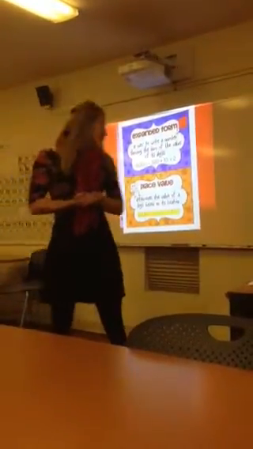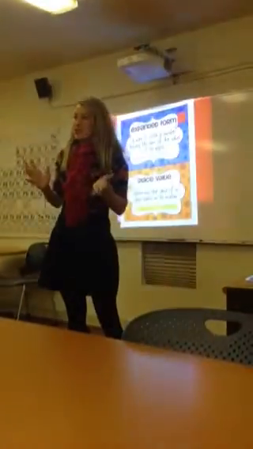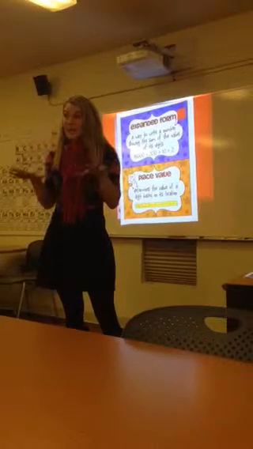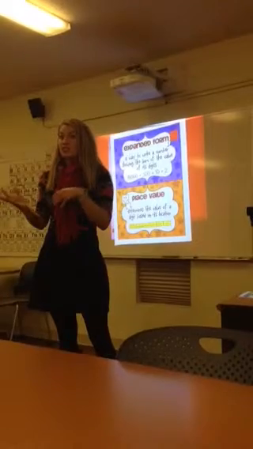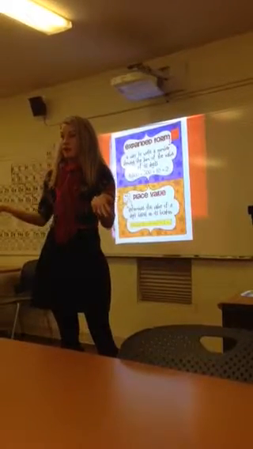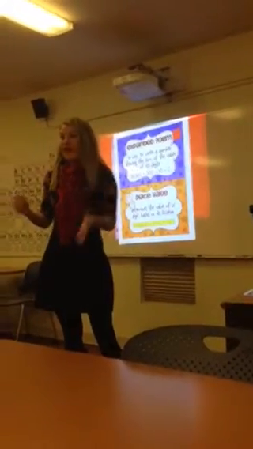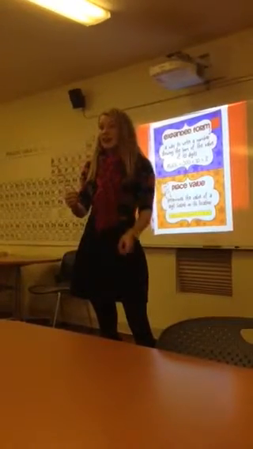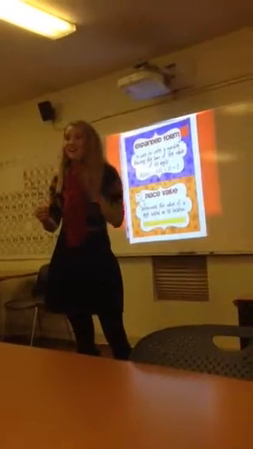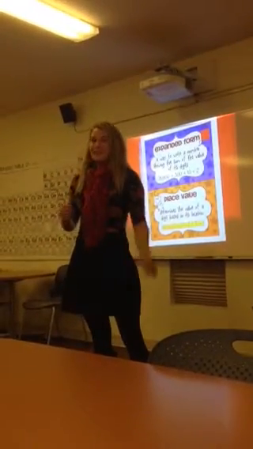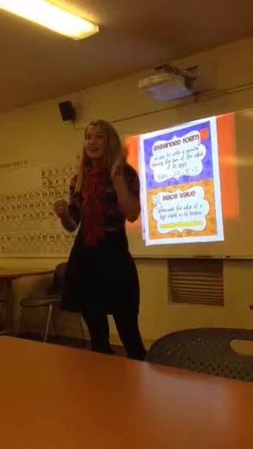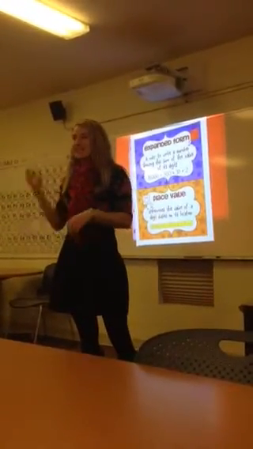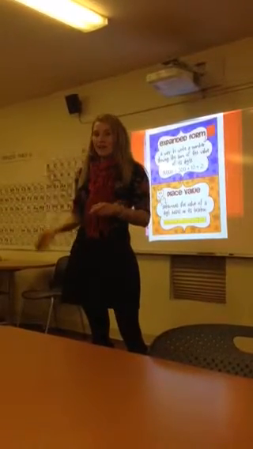I love that. So, as a class, we know how to count by ones, by twos, by fives and tens to get to 100. So let's start counting by fives to 100. All together. Ready? 5, 10, 15, 20, 25, 30, 35, 40, 45, 50, 55, 60, 65, 70, 75, 80, 85, 90, 95, 100.